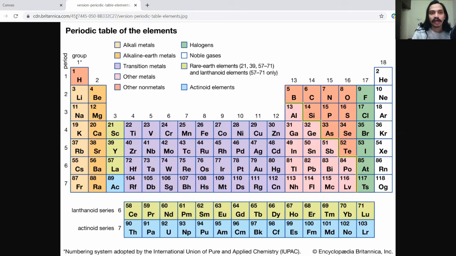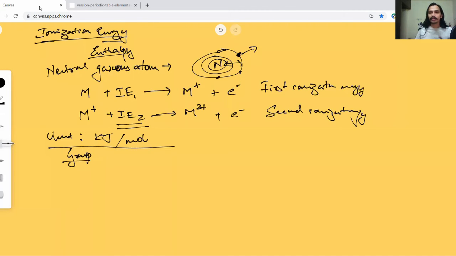As the atom is a little bigger, it's much easier to remove electrons from the outside. You don't need so much energy. Think of it as separating magnets that are very close to each other and magnets that are not that close to each other. The attraction between them will be less, so it's easier to remove from here than when they're very close to each other. So I can say that when I go down the group, the ionization energy for the atoms decreases.